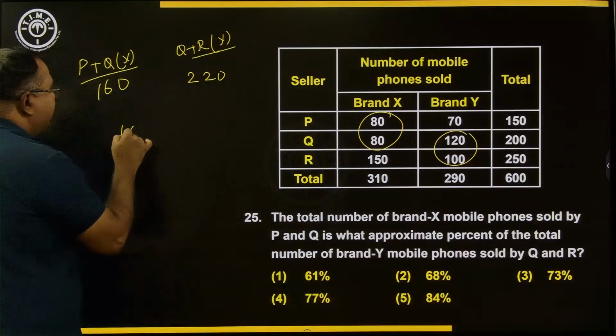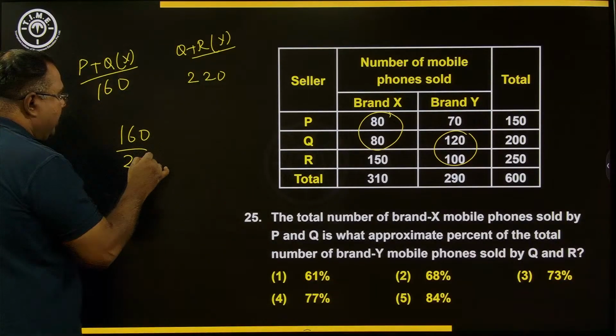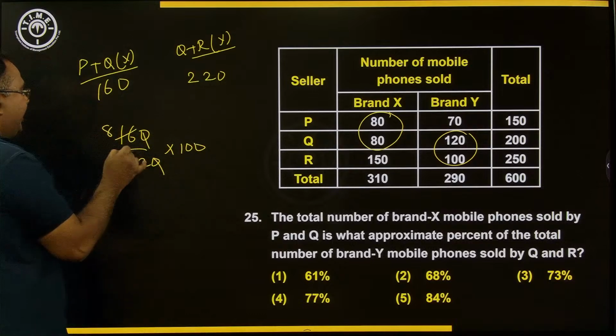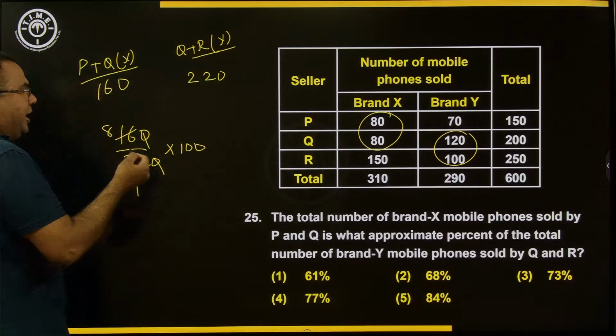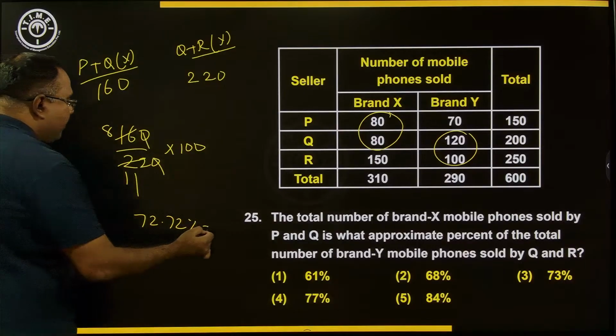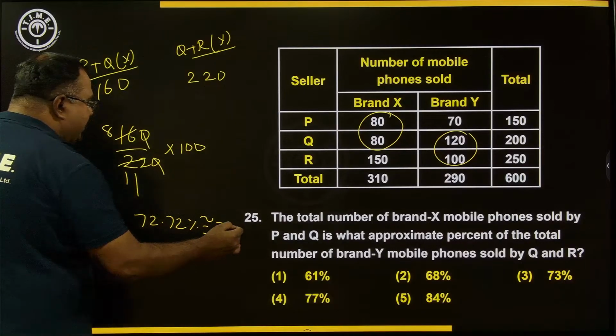So 160 upon 220 into 100. It is 2 8s, 2 11s. 8 by 11, answer will be 9 multiple, 72.72%. Approximately, I can say 73%.